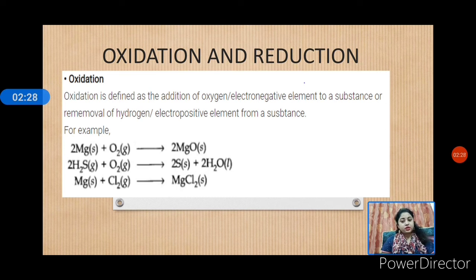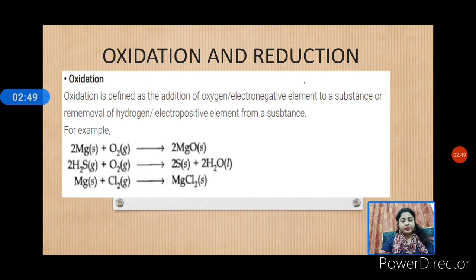Addition of oxygen or addition of an electronegative element, plus removal of hydrogen and removal of an electropositive element. Few examples are here. Addition of oxygen: magnesium plus oxygen gives magnesium oxide.